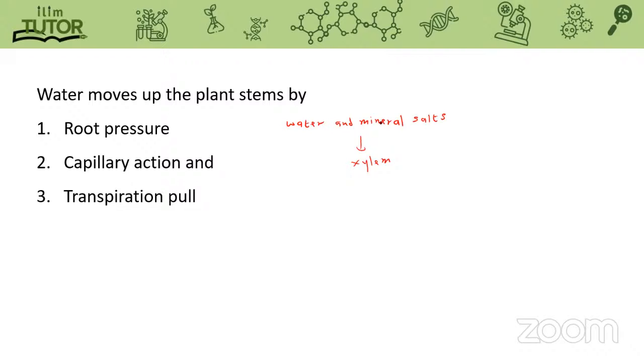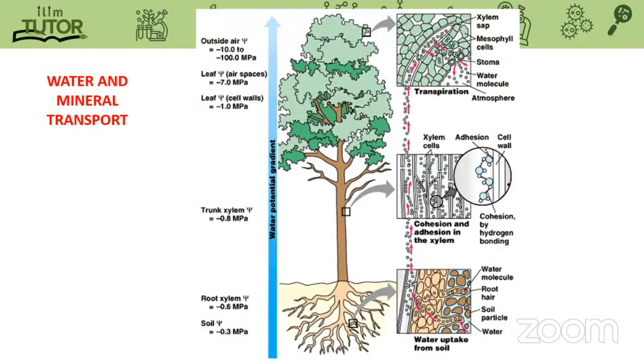So what really happens? If you look at this diagram here, you find that this diagram has to do with what happens in the root region. And what exactly happens in the root region? The root actually has root hair cells.